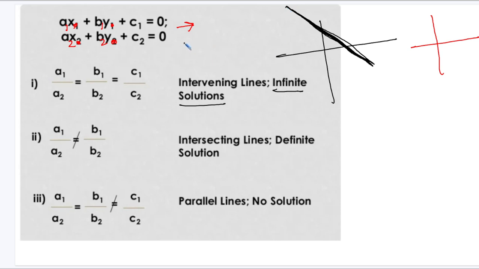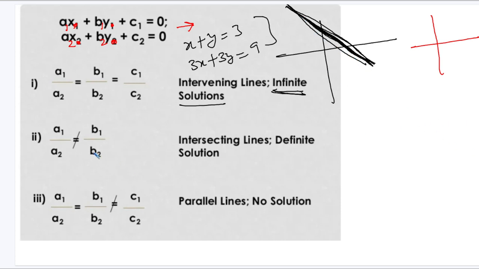For example, suppose you have an equation x plus y equal to 3 and you have 3x plus 3y equal to 9. These two lines are actually the same. So all the values lying on this line are the solutions. That's why you will have infinitely many solutions. All the points on the line are the solutions.